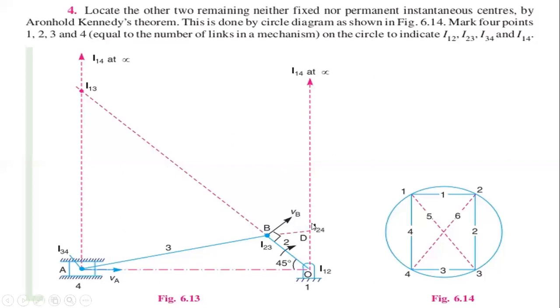From the same location, we are going to take this also, that is I13. So I13 is formed between the two sides 1 4 and 4 3. So this is the link 1 4 and this is the link 4 3. From these 2 points, I have extended this line. We have got this, I14.